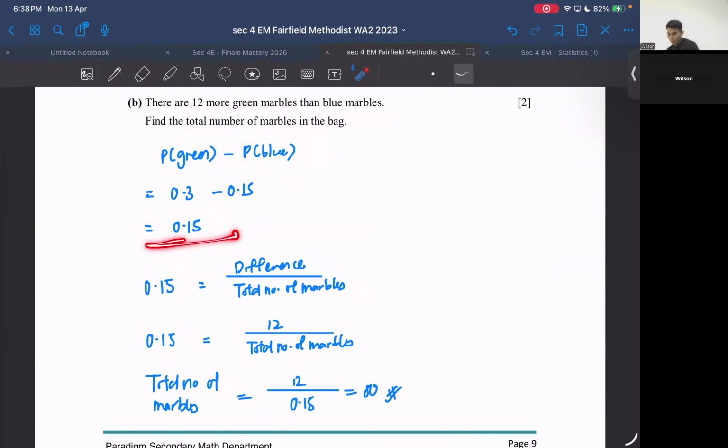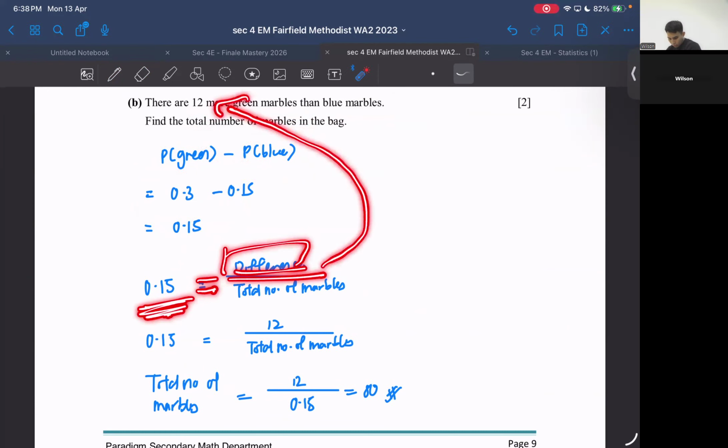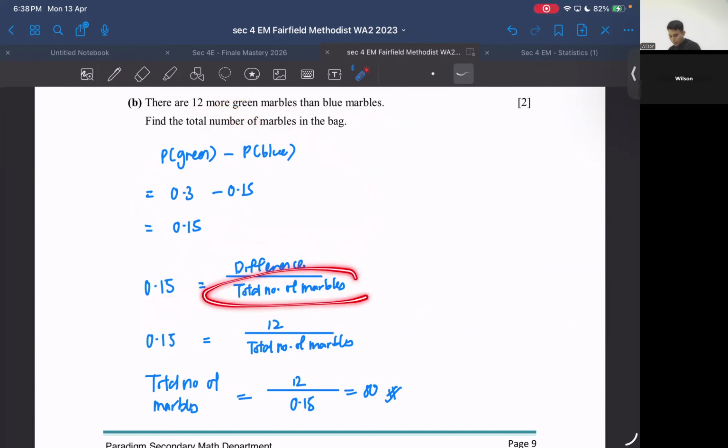If you tell me that the probability between green and blue is 0.15, that's fantastic. Now, this 0.15 is equal to the difference, which is the 12 marbles, divided by the total number of marbles. So 0.15 equals 12 over the total, so the total number is 12 divided by 0.15, which equals 80 marbles.